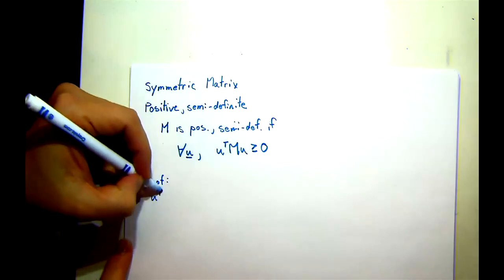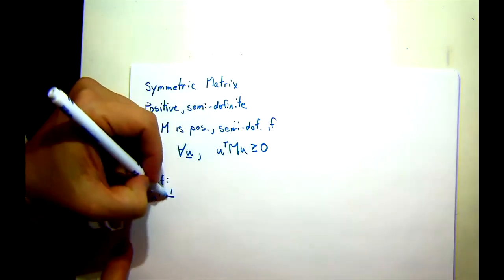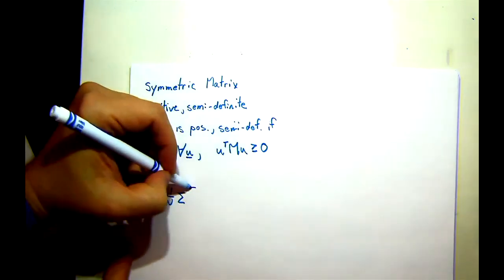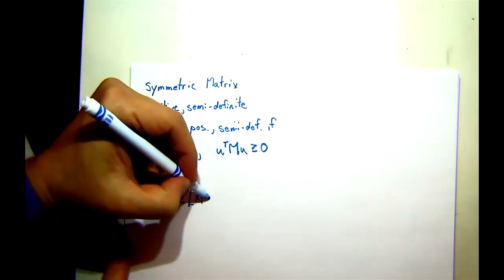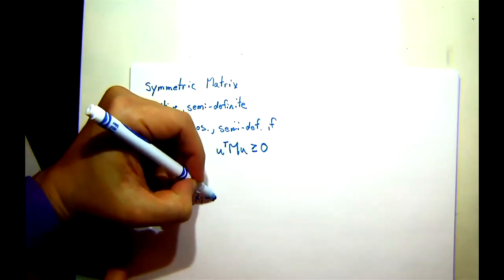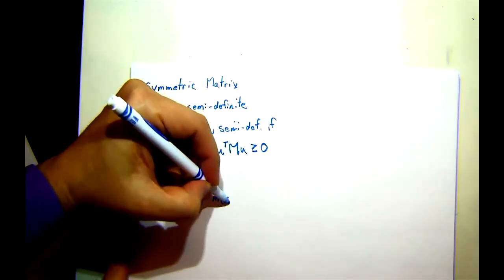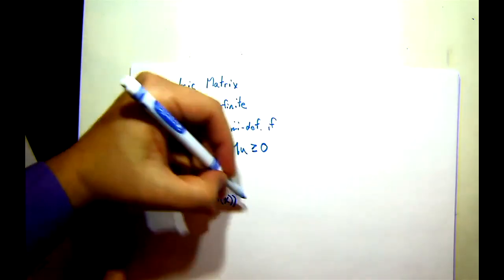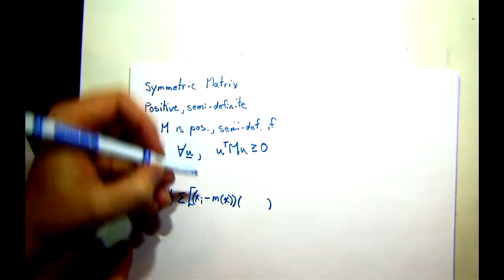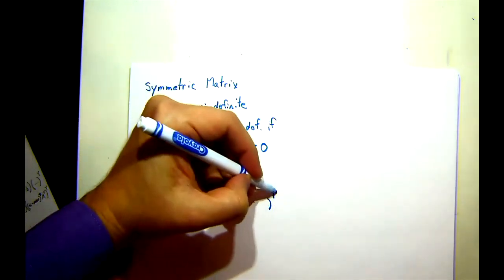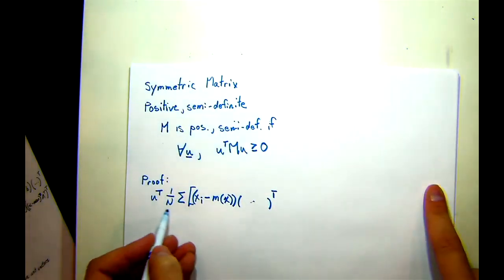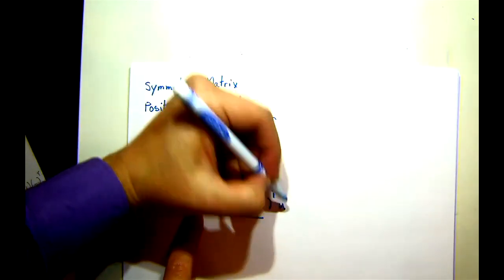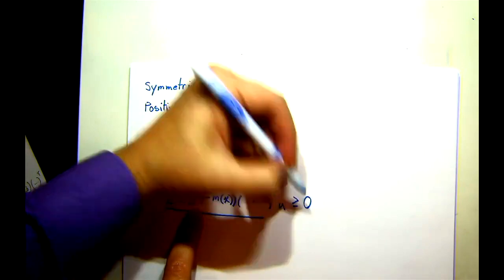So if we look at u transpose times 1 over n of the sum of x_i minus the mean of x, and then a copy of that. This is the definition of the covariance matrix that we just talked about. So we have to prove that this is greater than or equal to 0.